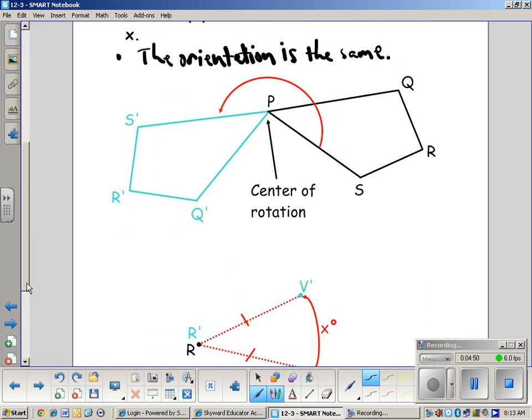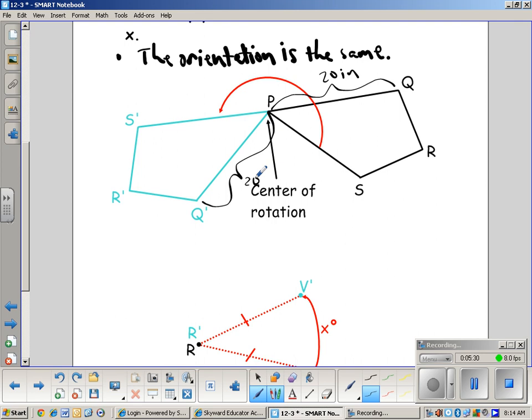Now, here's an example in which we're rotating. We took figure PQRS. We're rotating this figure about point P, and it rotates over to here. So if this distance is 20 inches, then how long is this distance going to be? 20 inches.